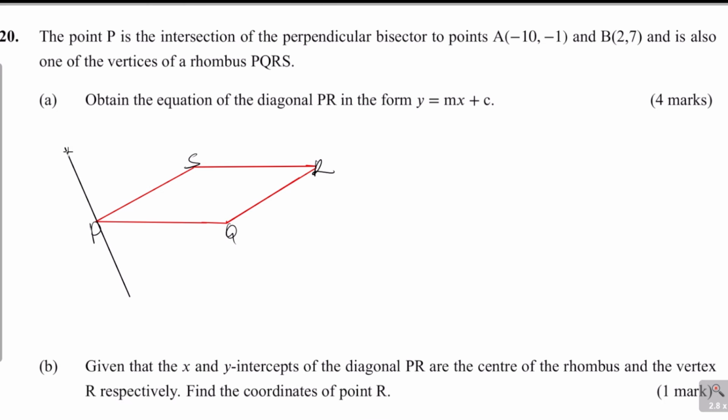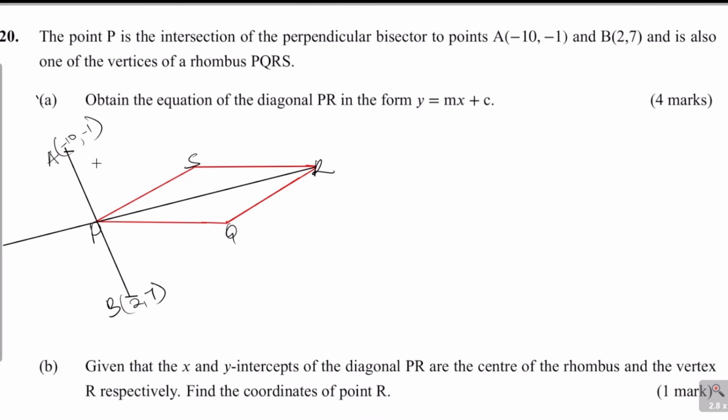So A is there, and then B is here. A is -10, -1, and then B is 2, 7. And then I can draw a line here, the diagonal of the rhombus.